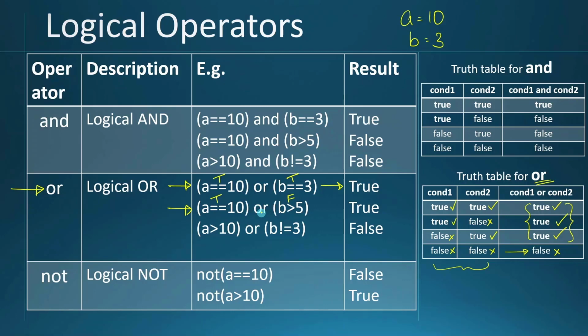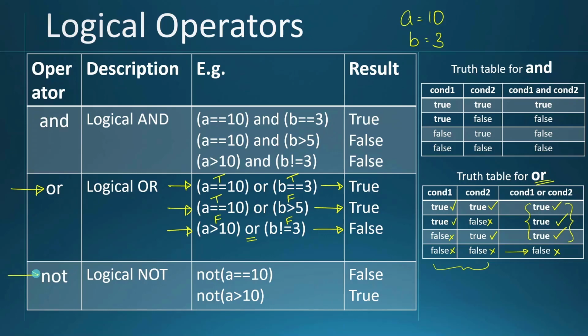But as we have OR, any one side I have a true, the result is going to be true. Now the third example, a greater than 10 is false, b not equal to 3 is false. This is the only situation in which OR will produce a false, because both conditions evaluated to false. So now the result will be false.